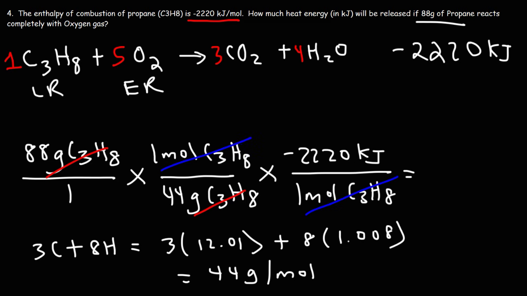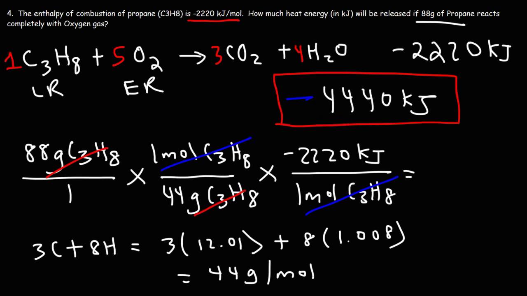So the answer is going to be 88 divided by 44, which is 2, times 2220. So it's going to be negative 4,440 kilojoules. So that's how much thermal energy will be released when 88 grams of propane reacts completely with oxygen gas.